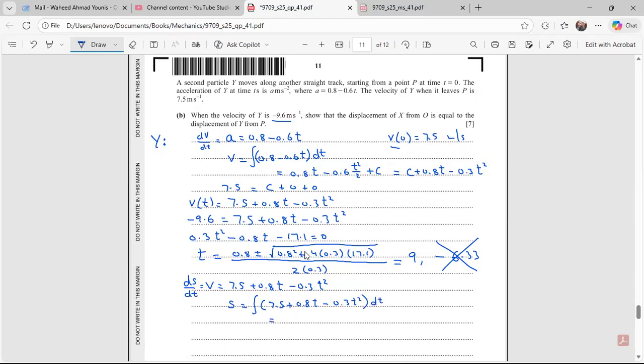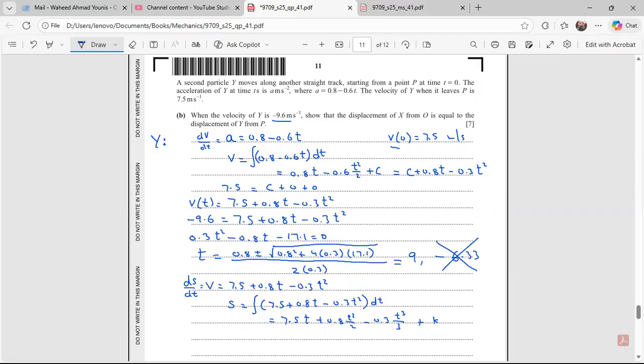So this integration is simple. It is 7.5 t plus 0.8 t square by 2 minus 0.3 t cube by 3, plus a constant of integration that we call k this time.